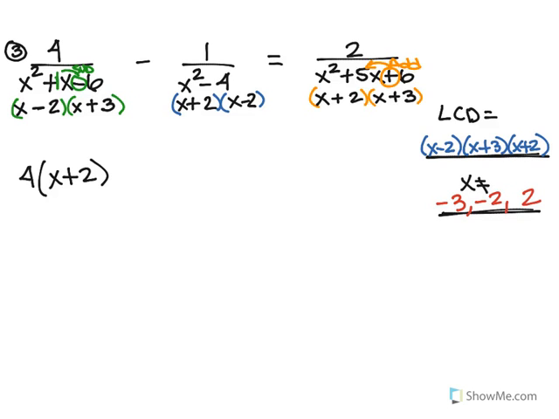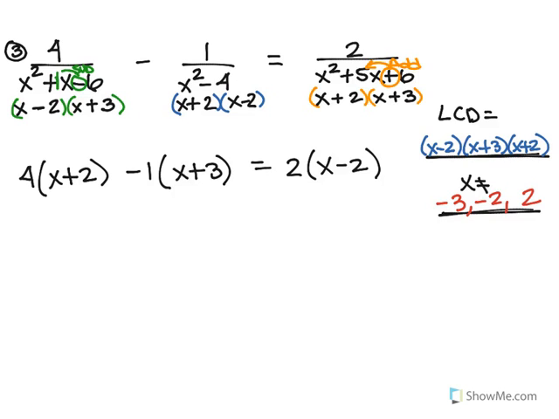They canceled, so he has to be the +2. -1 has to be multiplied by who? X plus 3. Good, he got the 2's. Does everybody understand what I'm doing? You have to use the one he does not have. And then 2 is going to be multiplied by which one? X minus 2. Awesome. Does everyone see that?